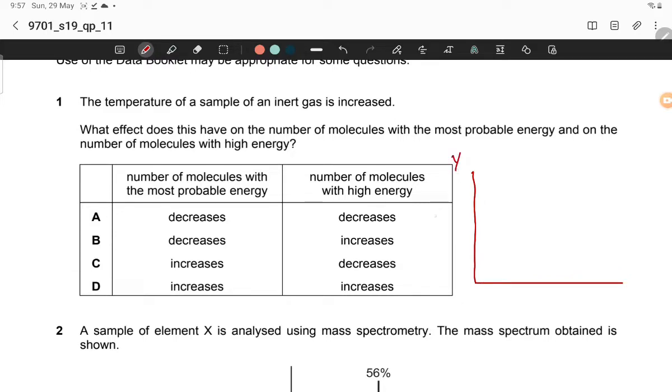On the y-axis is the number of molecules and on the x-axis, the energy of molecules. This is the shape of this curve.